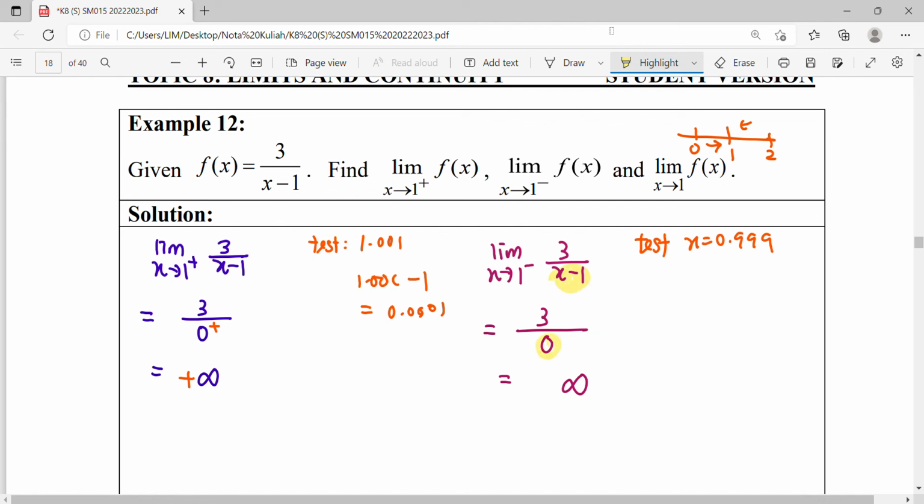So kosong ni bersifat negatif ke positif? So when you substitute back 0.999 minus 1, it is negatively 0.001. Betul? So this 0 is negative. So when the numerator is positive and the denominator is negative, your result here will be negative infinity.